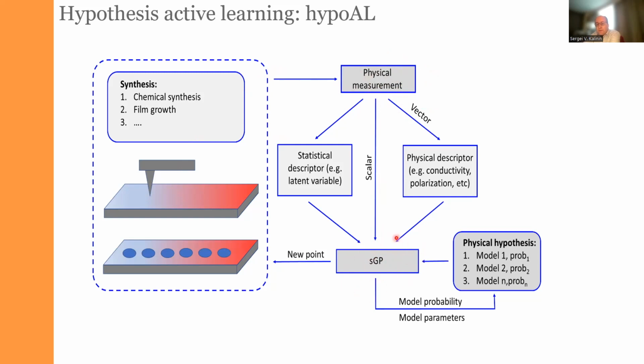This SGP has several alternative hypotheses, meaning models with certain values of the parameters. Given the data and given the choice of the hypothesis, our algorithm does two things. Thing number one is that it updates the parameters of the models. This is our classical Bayesian inference or SGP update.